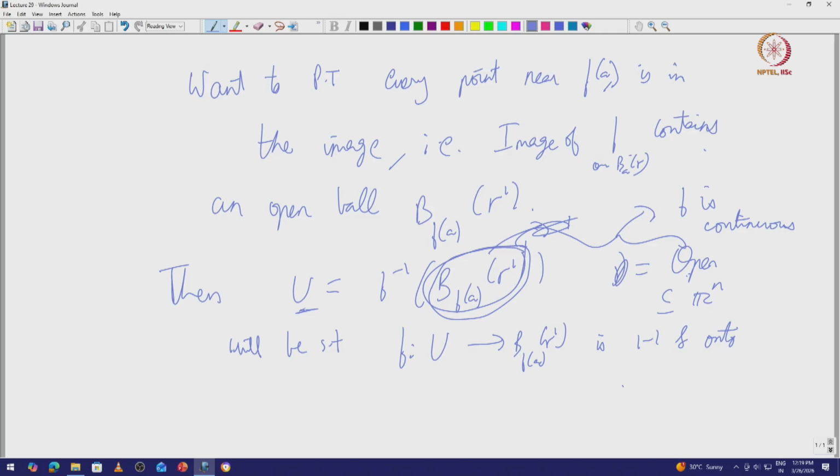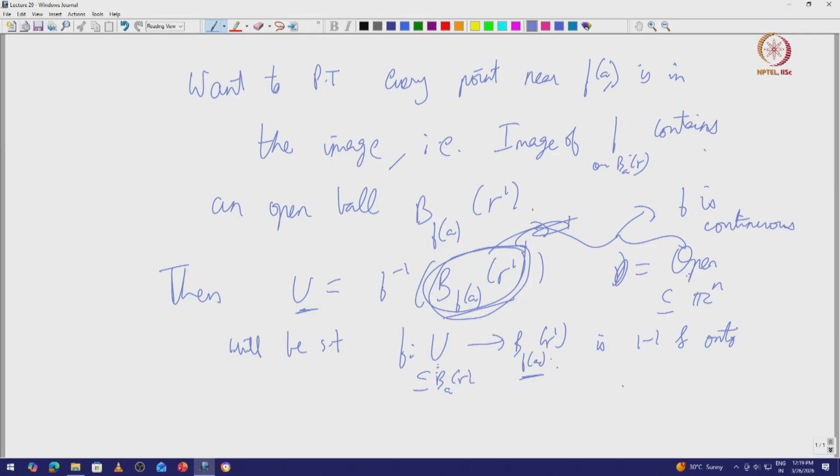So if we choose our open ball intelligently enough, then the image of this open set is the open ball. I mean, this is contained within the original ball where f is already 1 to 1.